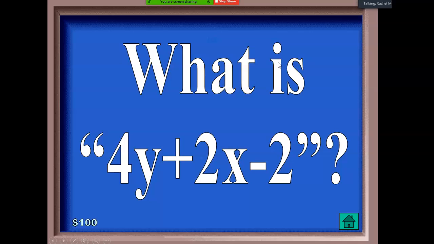Give me 1 second to go through and add up and see where our teams are. All right, so row 1. You have 100 plus 100 plus 500. So row 1, you came in at 700.